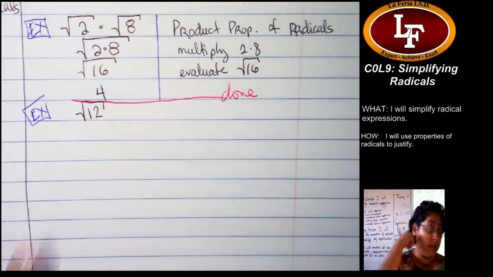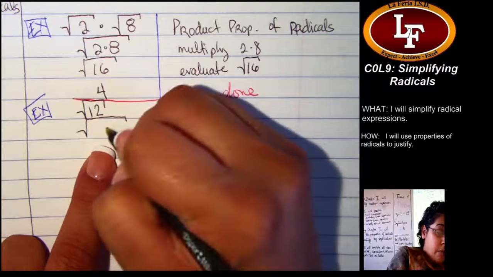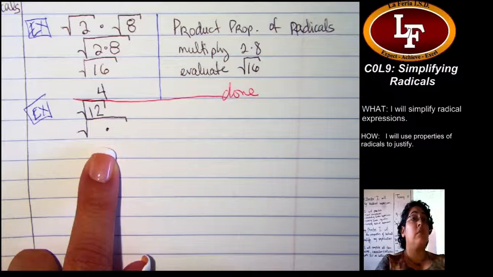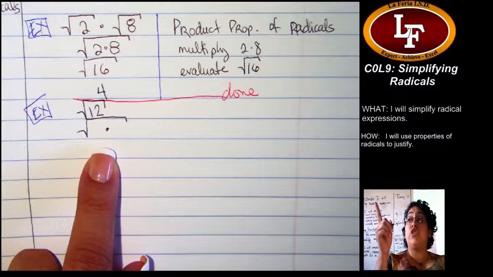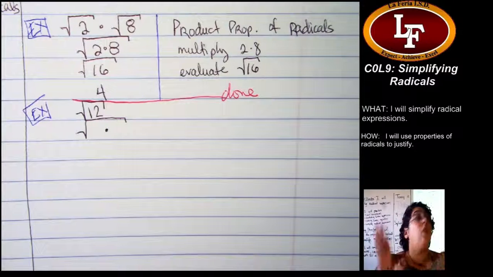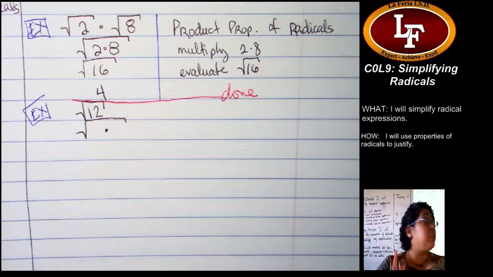It'll make more sense. Can I rewrite 12 as the product of two numbers? Yes. Which ones? 6 and 2, or 4 and 3, or 12 and 1. All three of those options are perfect examples of factors of 12. Our chore is to pick the one that's going to help us evaluate this radical.